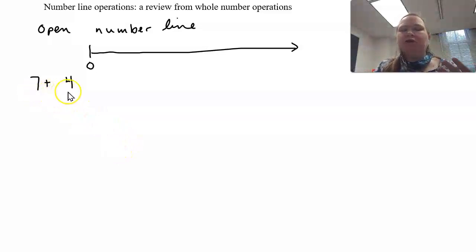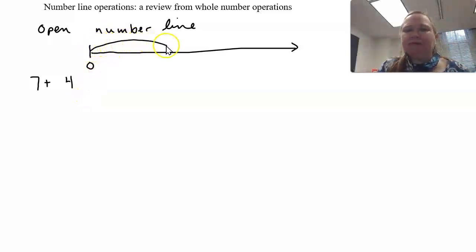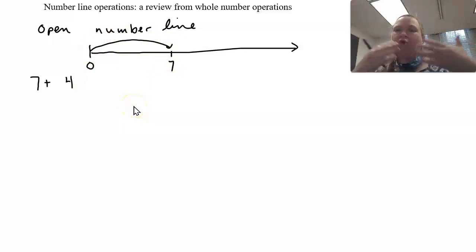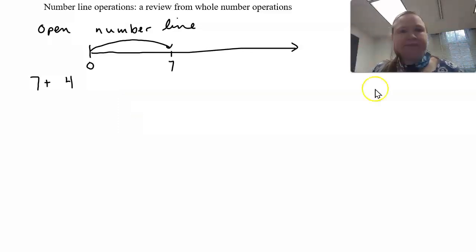So here I'm going to show 7 plus 4 on this open number line. What I show is that I'm going to go up to 7. So I'm drawing some sort of a jump or a bar or a representation that says I am increasing by 7. And then I'm going to add on 4 more. So I'm going to go 4 more to the right. And so I have to notate somehow that this is jumping me up by 4.